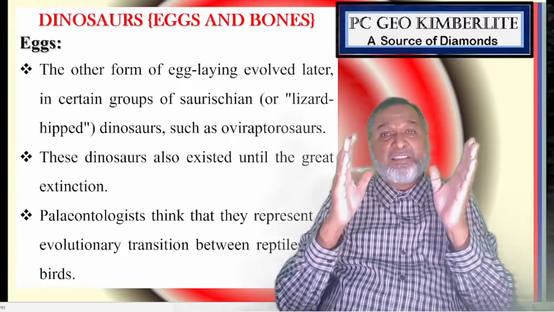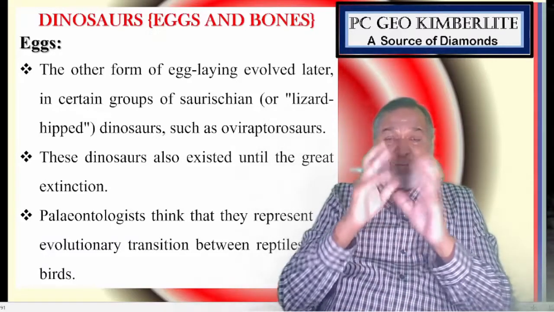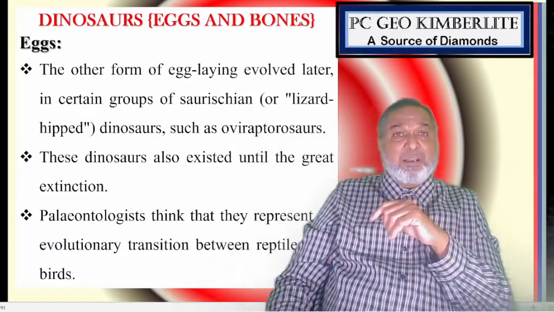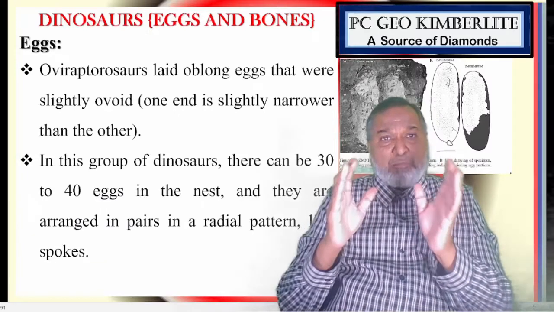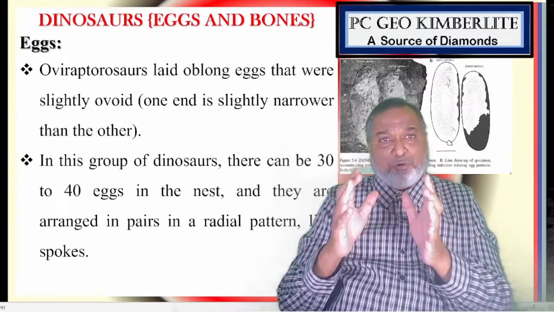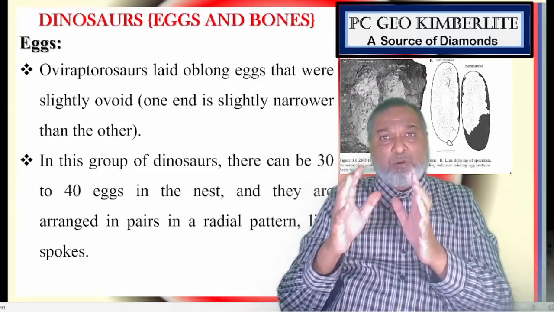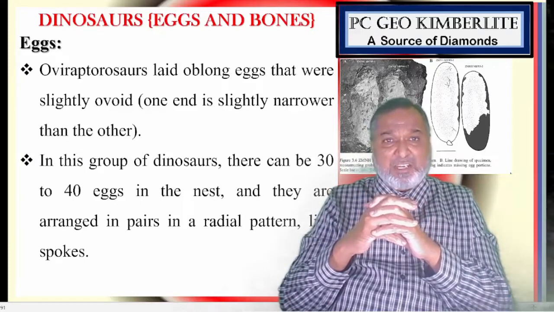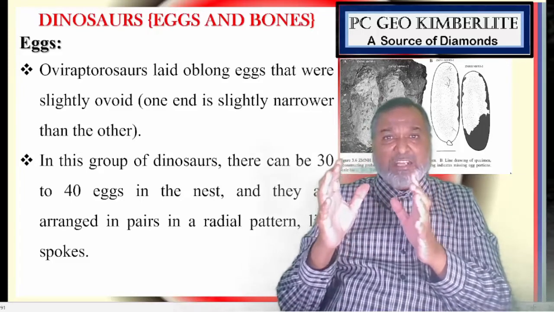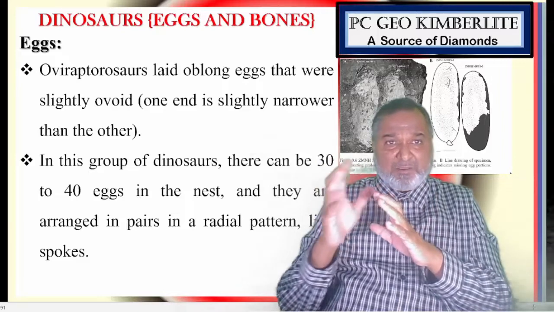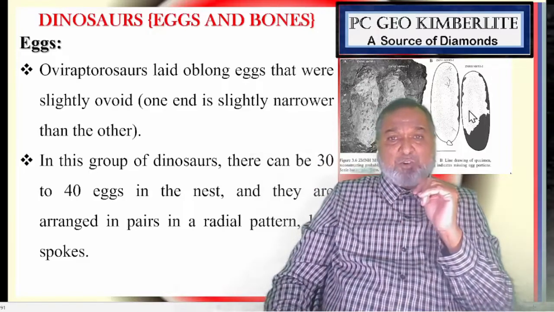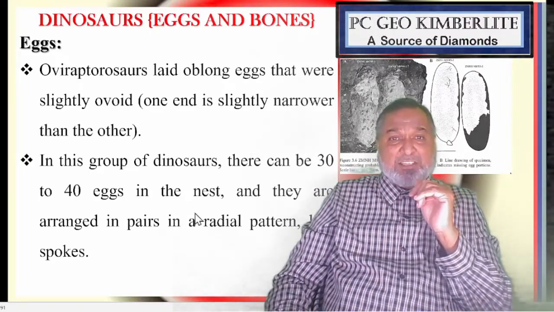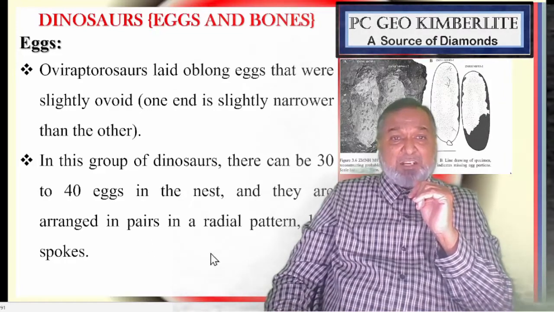Paleontologists think that they represent an evolutionary transition between the reptiles and the birds. Oviraptorosaurs laid oblong eggs that were slightly ovoid, with one end slightly narrower than the other. In this group of dinosaurs, there are 30 to 40 eggs in the nest, arranged in pairs in a radial pattern like spokes.